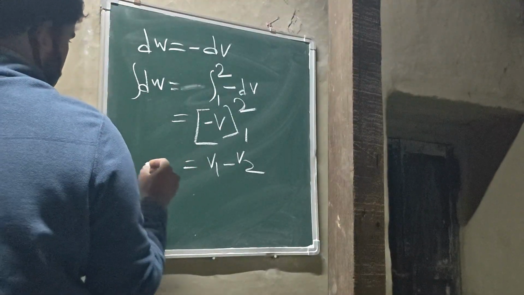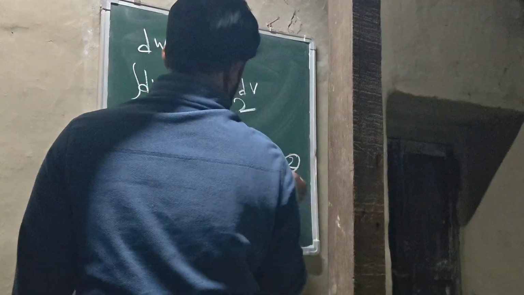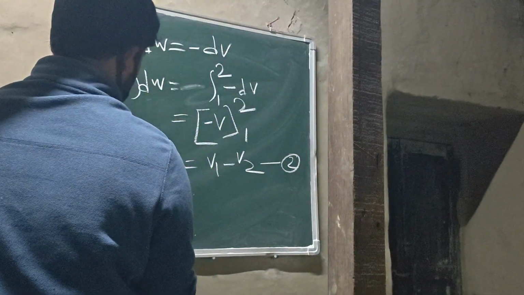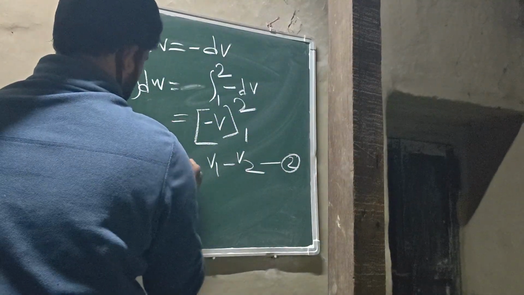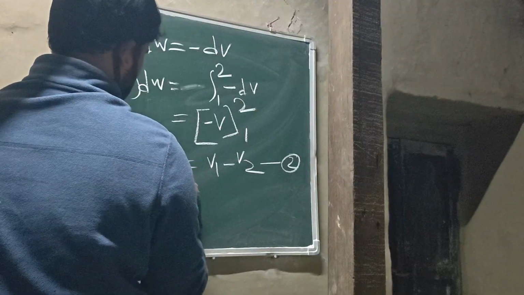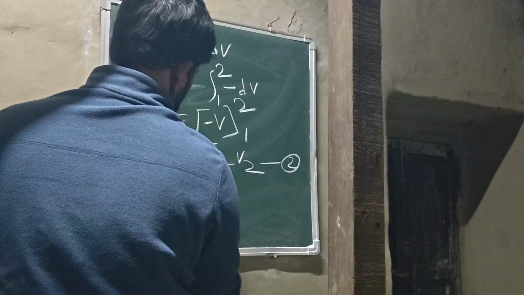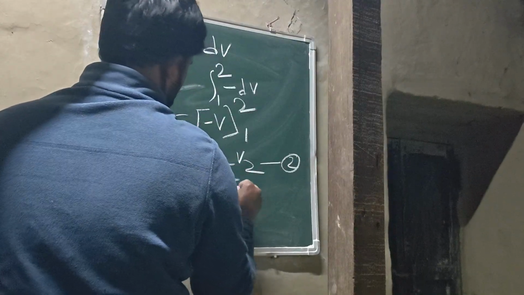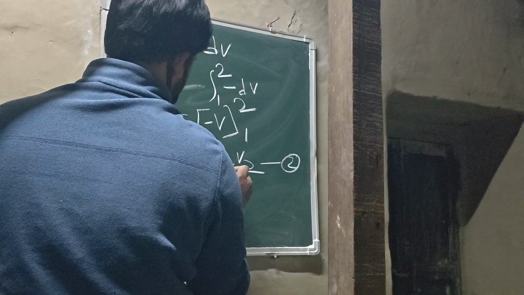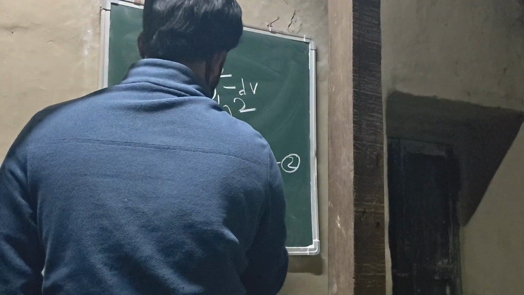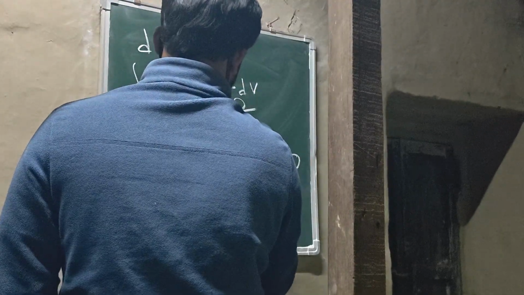This is equation 2. Above we get equation 1, W equals T2 minus T1. This V1 is the initial potential energy, and this V2 is the final potential energy.